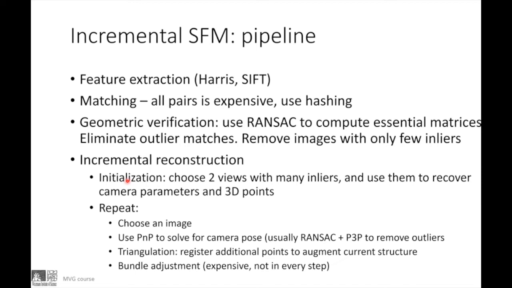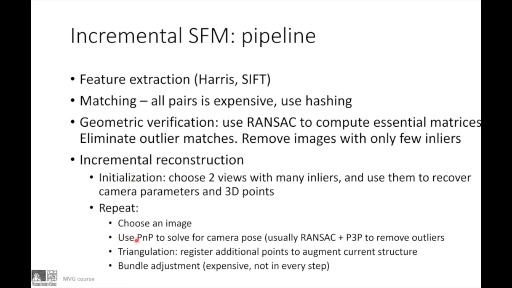Only correspondences that are common for all 3 images. For these correspondences, we already know the 3-dimensional position of the points from the first 2 images, and so we can apply P3P and RANSAC and find the camera pose of image 3. That's the first step.